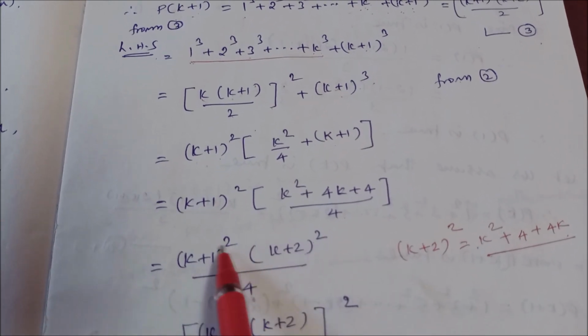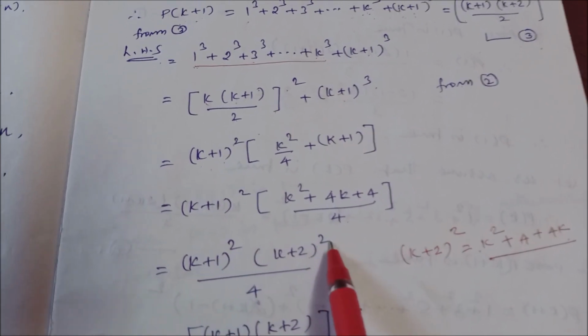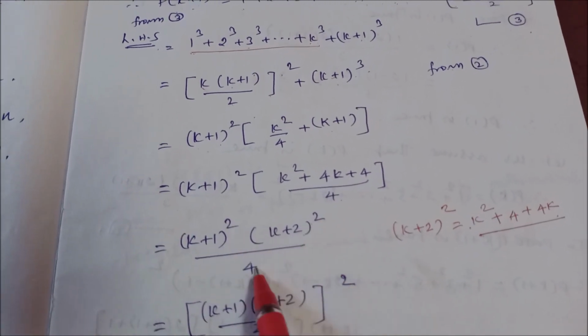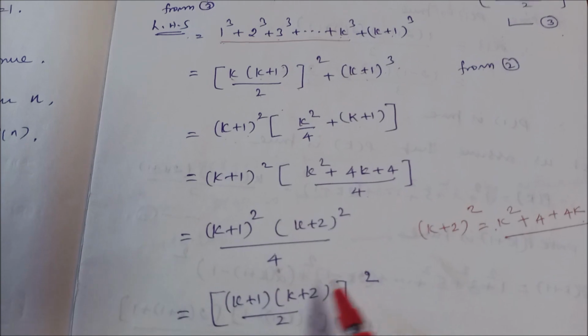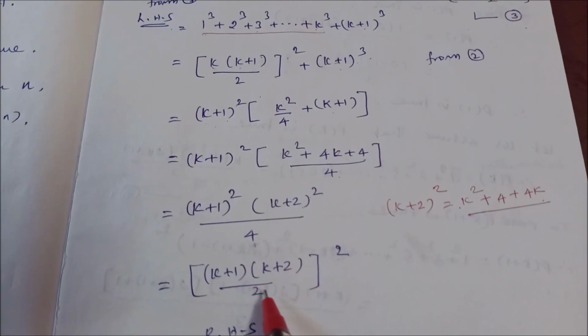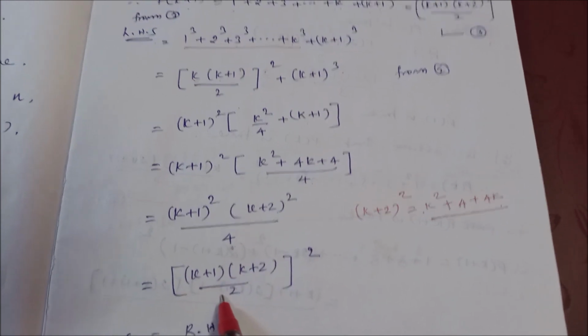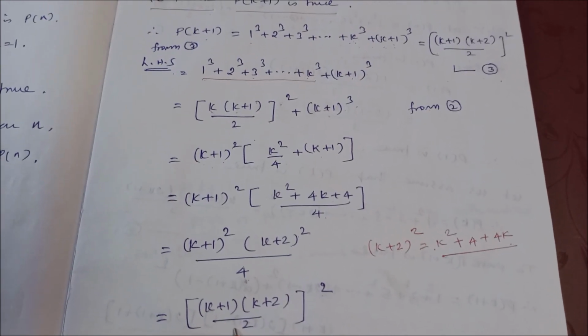So (k plus 1) whole square into (k plus 2) whole square by 4. Collecting all the squares in the whole power, we get [(k plus 1)(k plus 2) by 2] whole square, which is the RHS term of k plus 1.